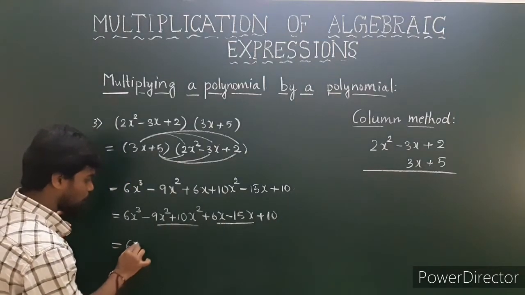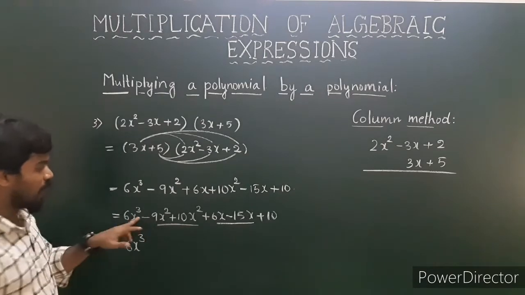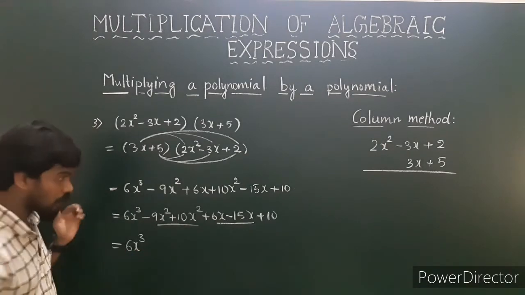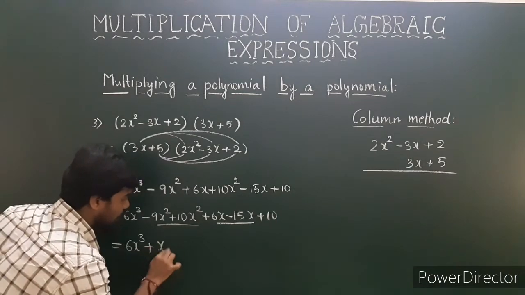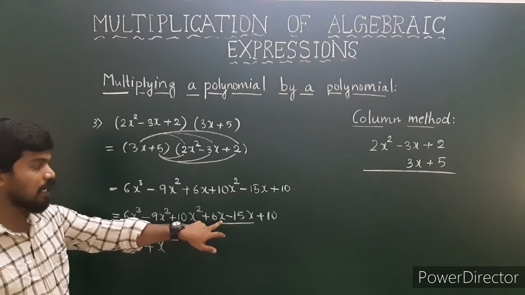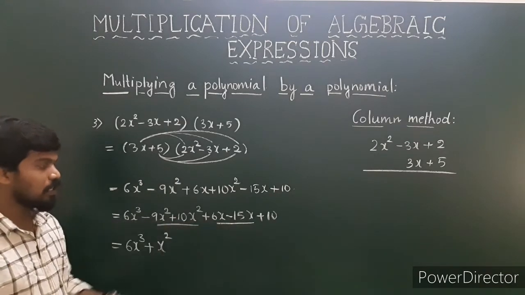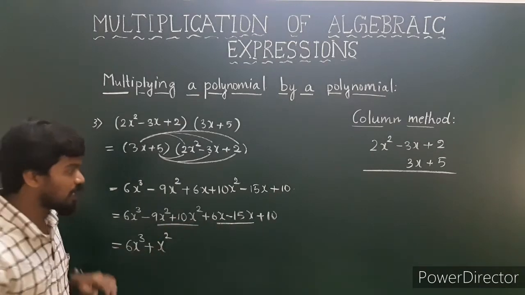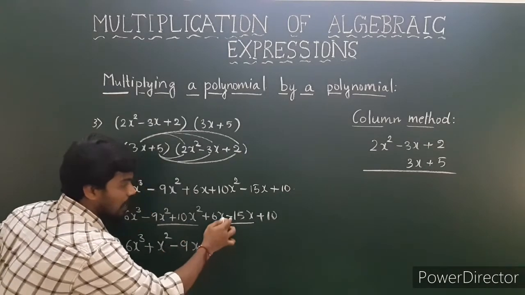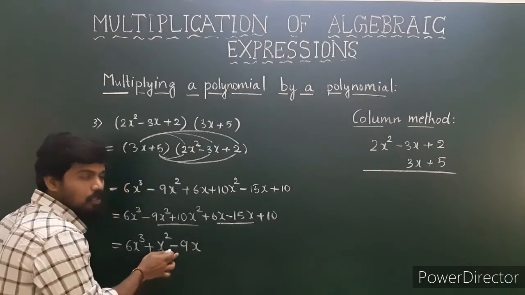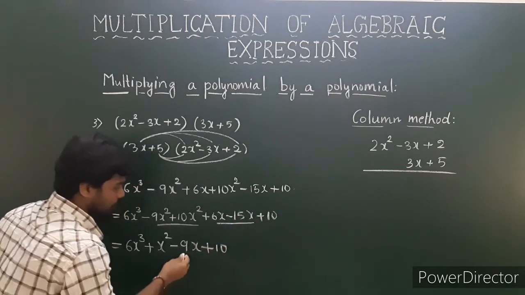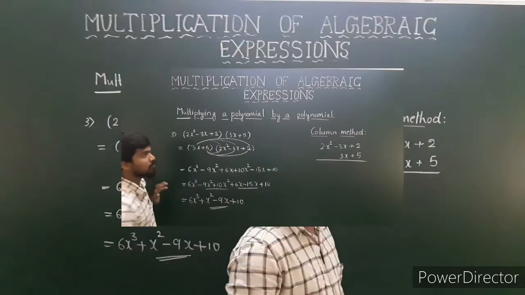So 6x cube, then minus 9 plus 10, two different signs, subtract, you get plus x square. And here plus 6x and minus 15x, so subtract. 15 minus 6 you get minus 9x, since the larger value sign is negative. Finally you have one constant term, that is plus 10. So this is the answer.